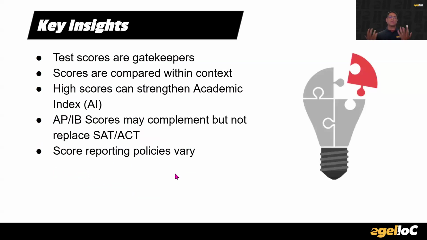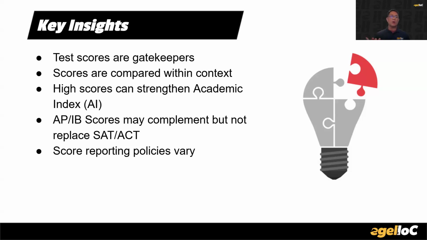So, what are the key insights with respect to test required? Well, first of all, the test scores are used as gatekeepers, okay? The scores are often used in the initial review to filter out candidates and applicants. Even though there is a holistic review, it still does have some weight from that perspective.